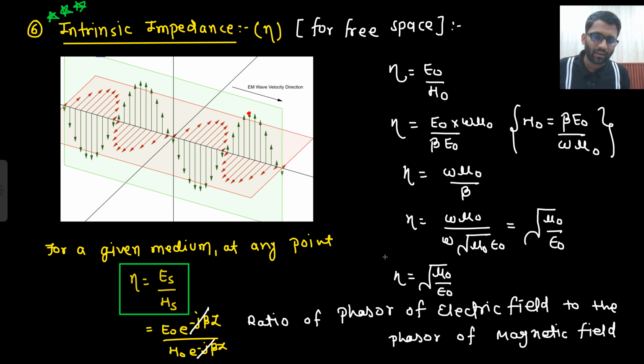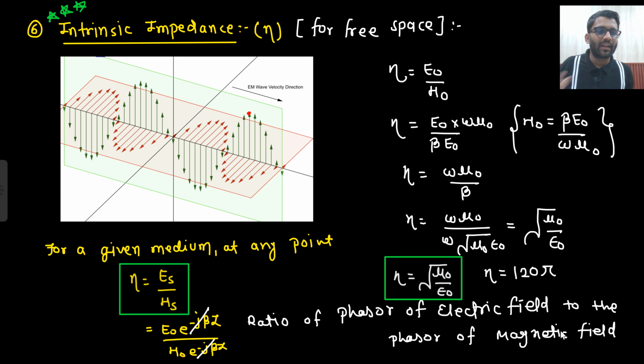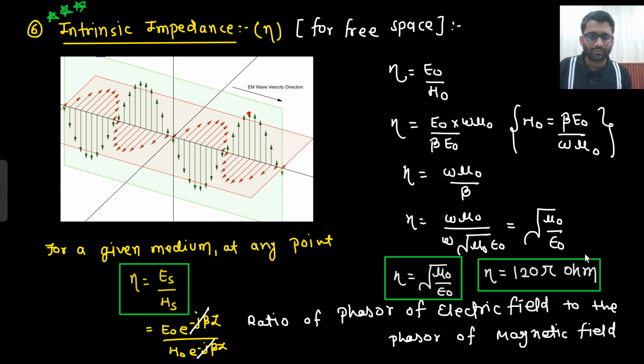So this you can keep in mind. This is the expression for free space. Now these two are constant. Mu naught and epsilon naught both are constant. So what is the answer you can get? If you solve it, you are going to get 120 pi. And what will be the unit? Since it is impedance, it will be ohm. So neta value for free space is 120 pi ohm.